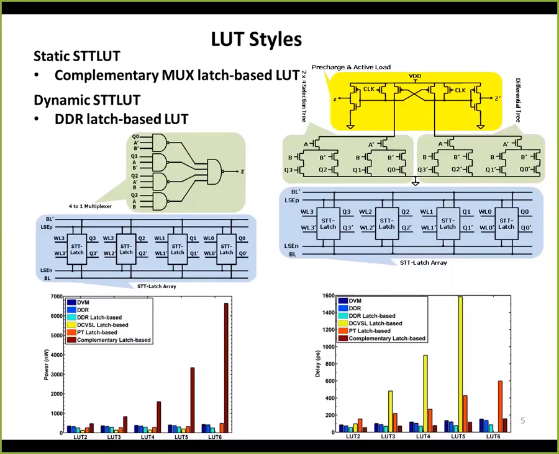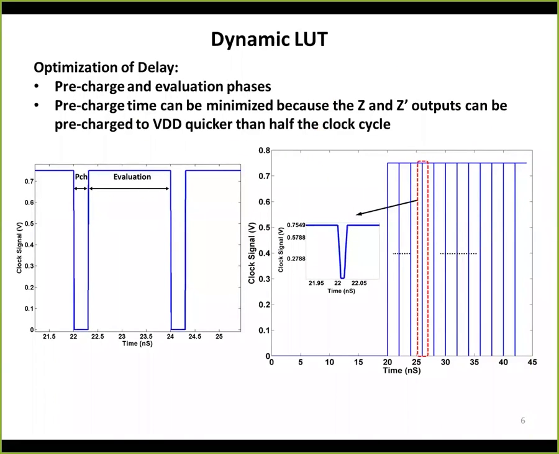When the clock is high, it goes to evaluation mode, and the outputs start to be evaluated based on the circuit that we have here. So the outputs can be pre-charged to VDD much quicker than the half clock cycle we normally have in the circuit. So I tried to reduce the pre-charge time by changing the clock signal as shown on the figure on the left.